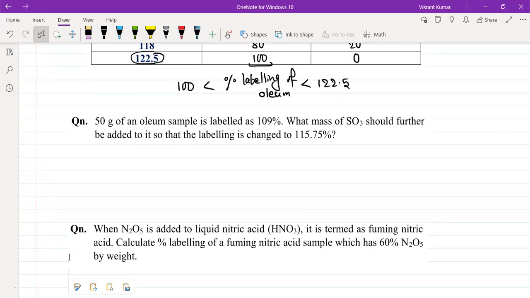Now 2 people have got right answers. अभी भी 2 ही लोगों का answer right. Yusha and Sonia have got the right answers. बाकी सब करो.